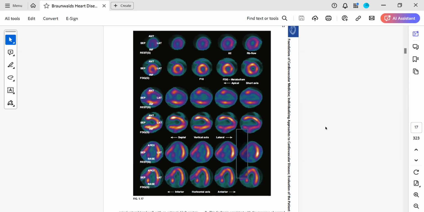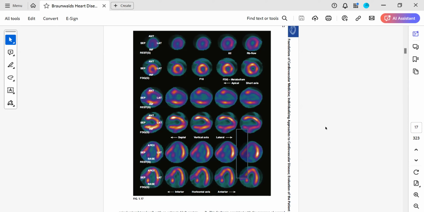You don't see anything, and then there is reduced flow along the anterior towards the lateral. The inferior has some flow. When you come to the FDG, it lights up very nicely. You see that metabolism is going on there. Metabolism is intact, but flow is reduced.